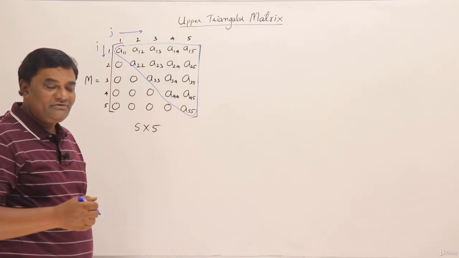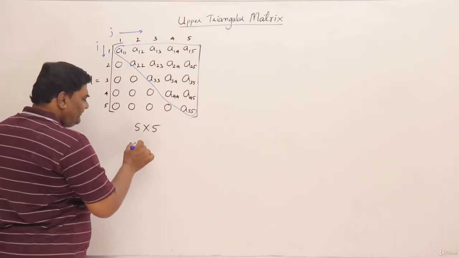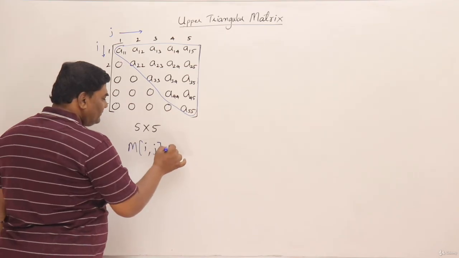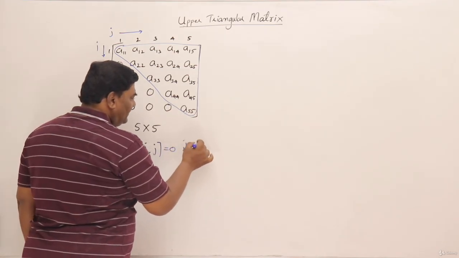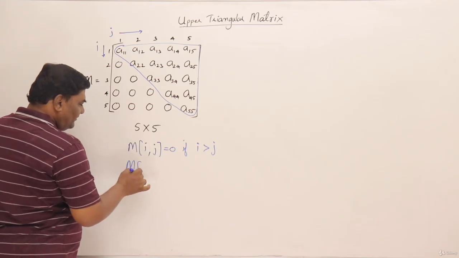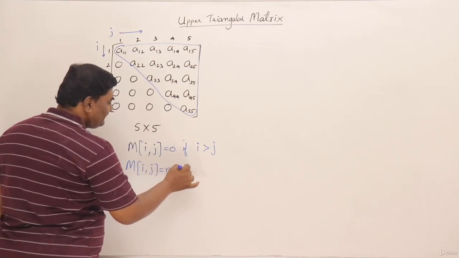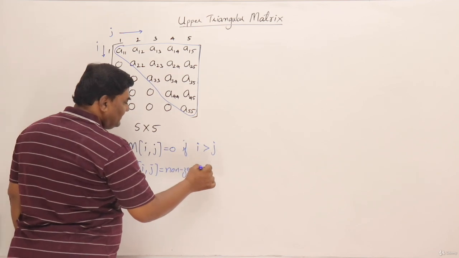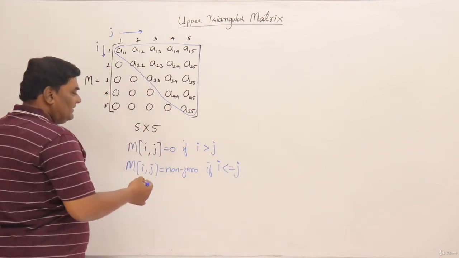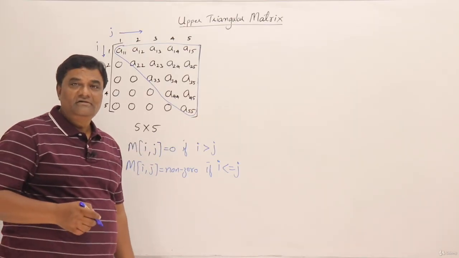Then which elements are 0? If i is greater than j. So M of i comma j is 0 if i is greater than j, and M of i j is non-zero if i is less than or equal to j. This is how we can define an upper triangular matrix.